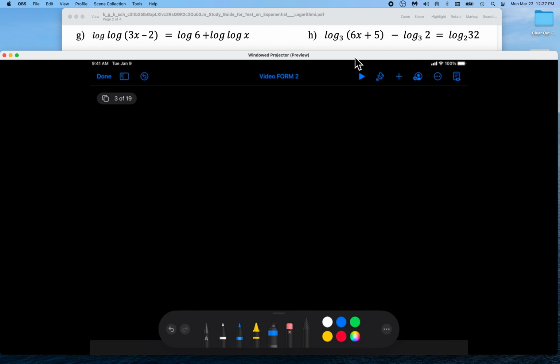On the left side, we're going to condense this by writing log just once to the base 3. We're going to put 6x plus 5 in the numerator. Why? Because this has a positive sign out front. Here, this is going to go in the denominator. So we're going to have 2 in the denominator.